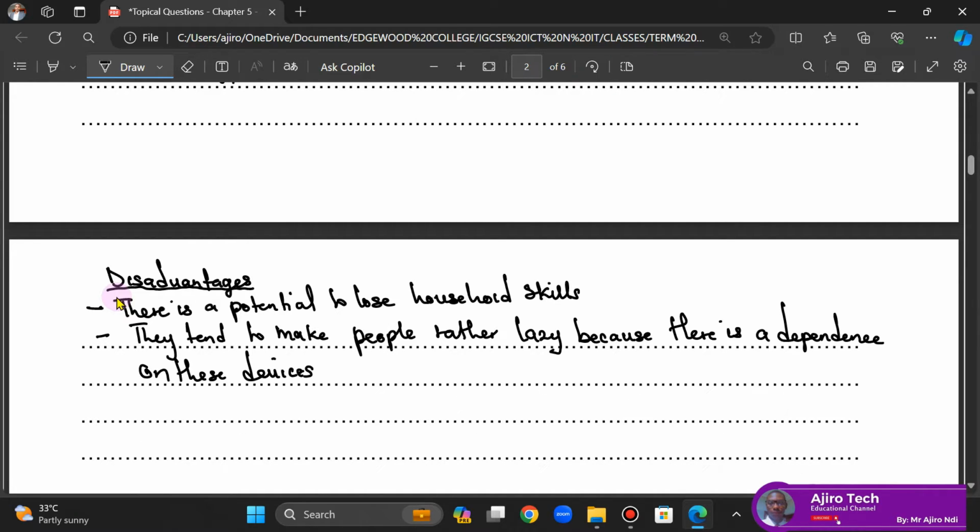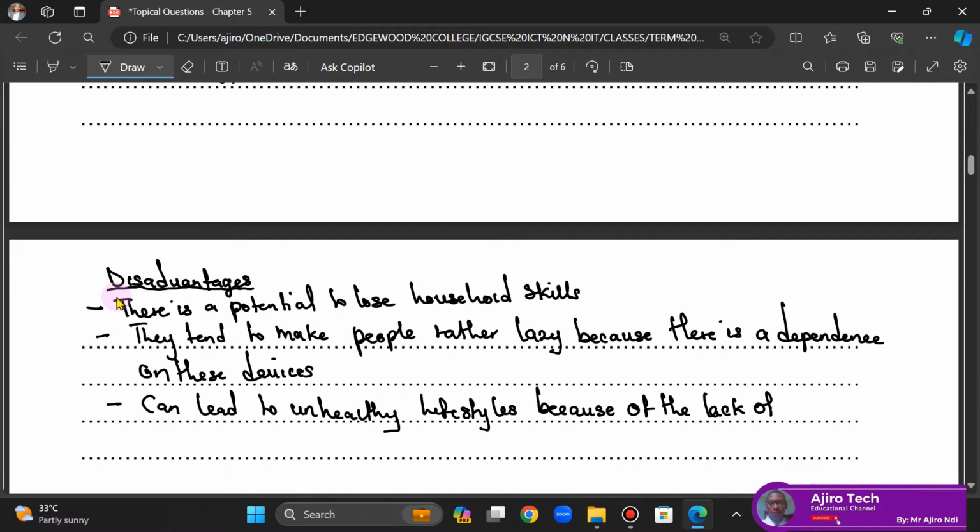So people are now lazy because they're depending on the smart fridges to order food for them, etc. And because there's a smart fridge which can lead to a healthy lifestyle, that is ordering food according to your diet, to suit your health needs, it can also lead to an unhealthy lifestyle because of the lack of exercises.